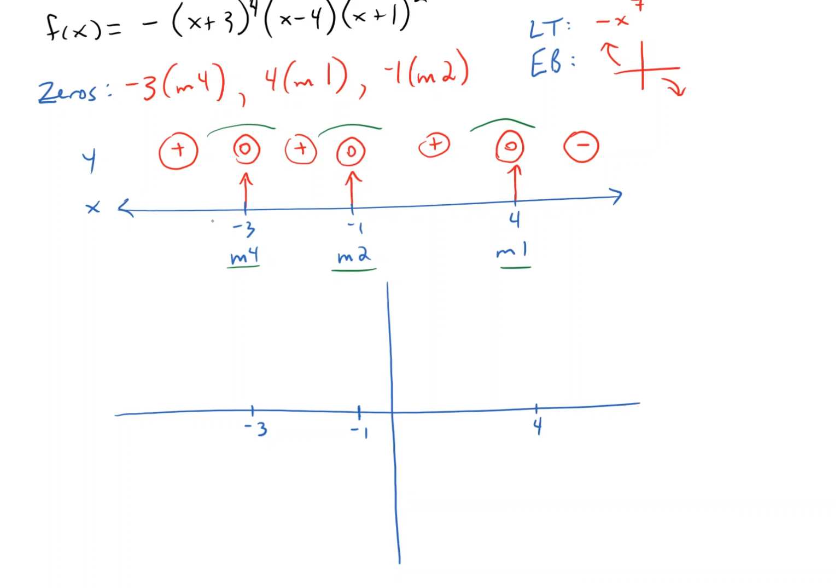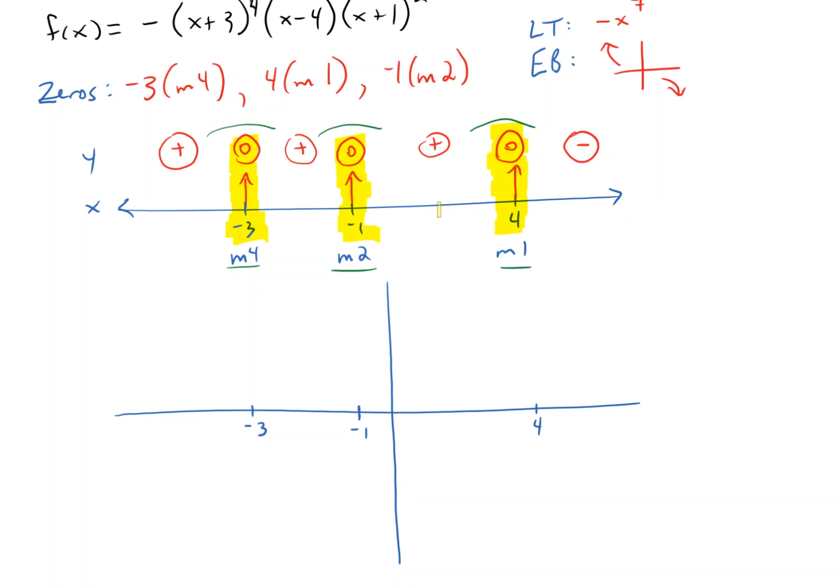Okay, so the first thing we want to do is graph the behavior at each of the zeros. So in other words, what does it mean from our number line chart when it says that when x is negative 3, y is 0? And the same for the other two cuts, the other two zeros on the number line chart.